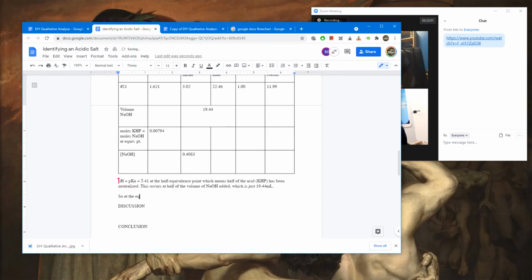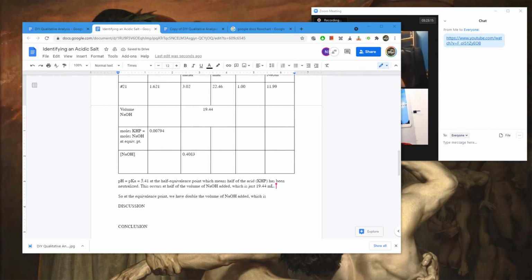So at the equivalence point, we have double the volume of NaOH added, which is 19.44 times 2, which is 38.88 milliliters. Got it.